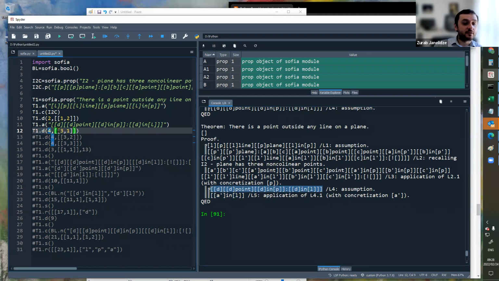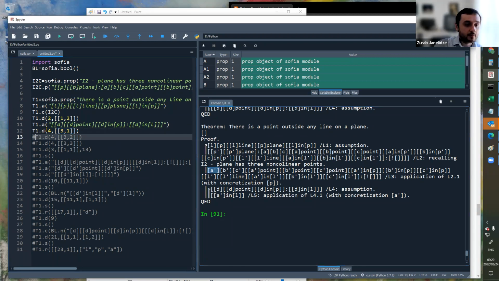And then 3, 1 are the coordinates of the concretization. So concretization happens with A prime. It means that this free variable d, the variable where we have freedom to select what value to give to it, right? We want to give to it the value A prime. That's what this means. And the coordinates of A prime is 3, 1 because it's on line 3. You see, this is line 3, and it's the first statement on line 3.